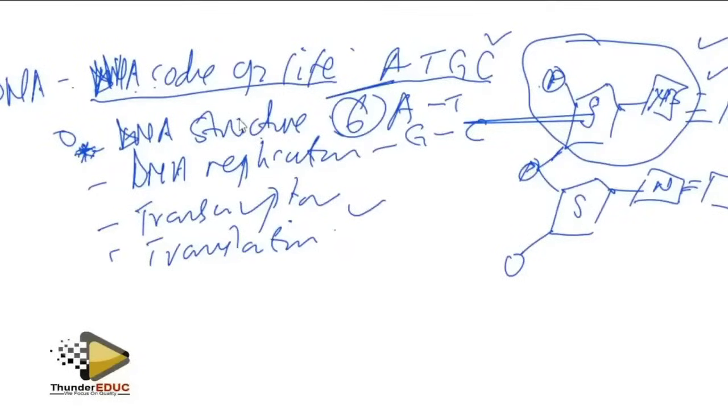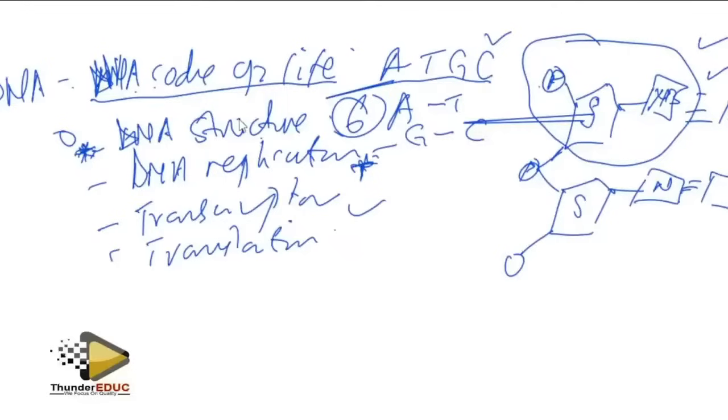One strand acts as a template to form the messenger RNA using free floating messenger RNA nucleotides.